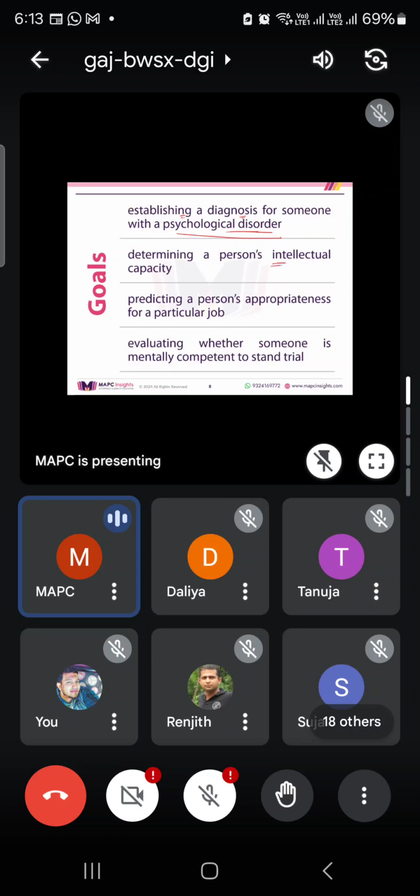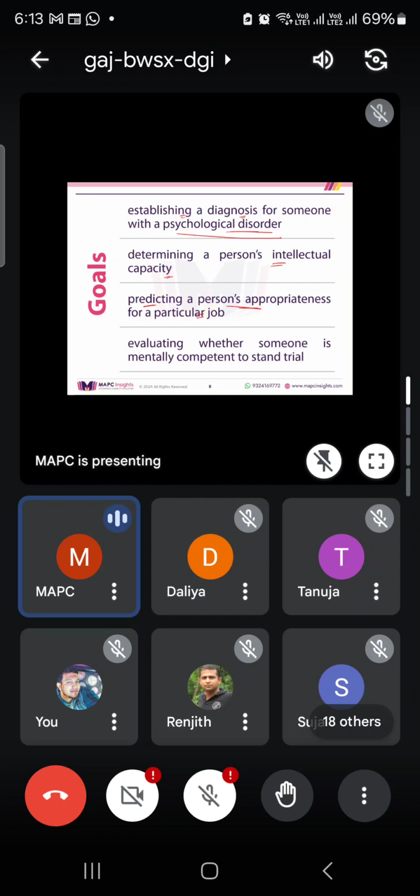To determine the intellectual capacity of the person. Again, predicting the person's appropriateness for a particular job. Whatever the job profile is, we need to check whether the person is appropriate for that job or not. That also we can find out with the help of this assessment.